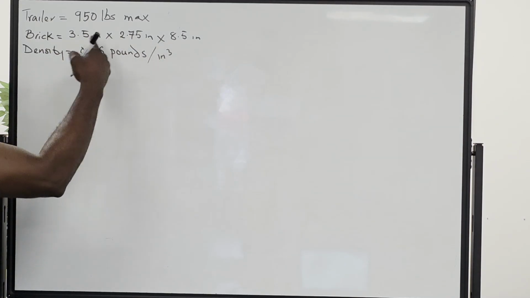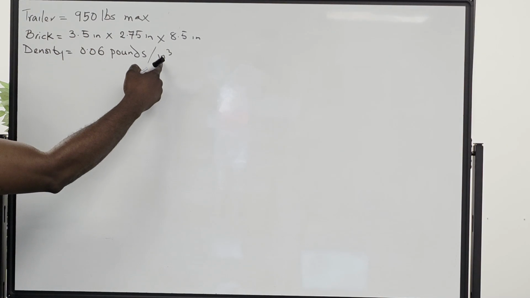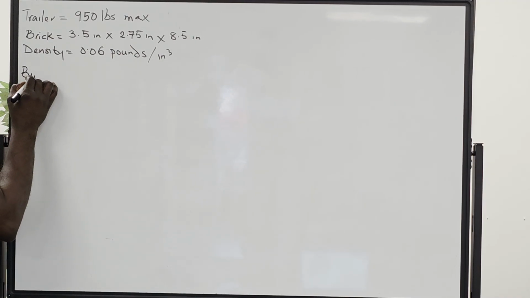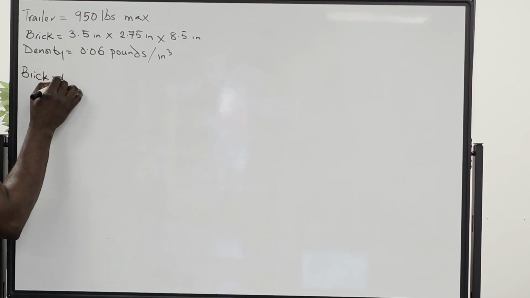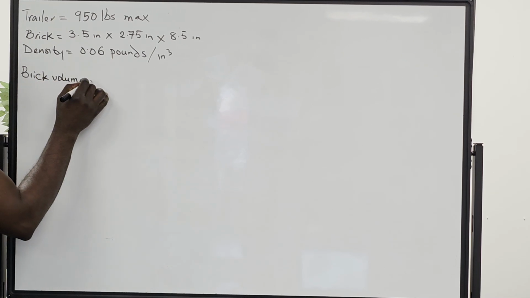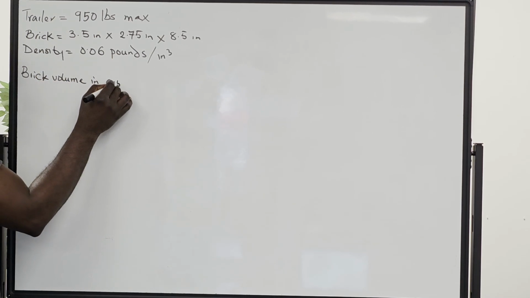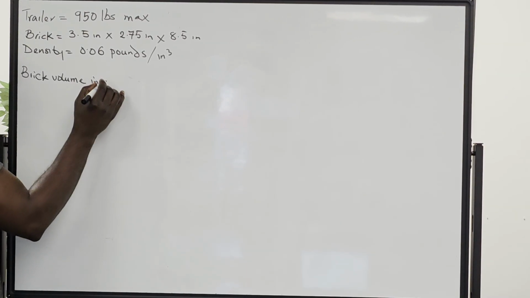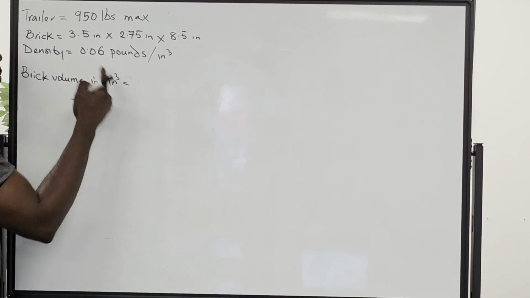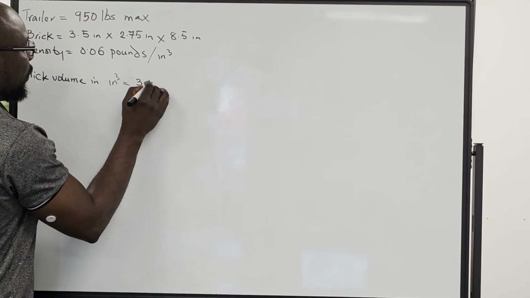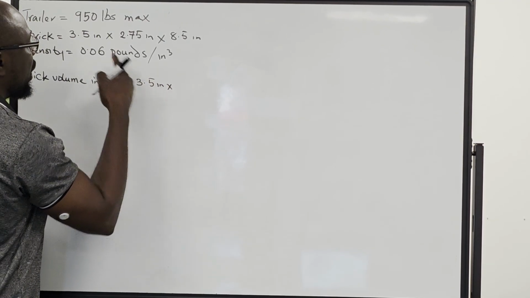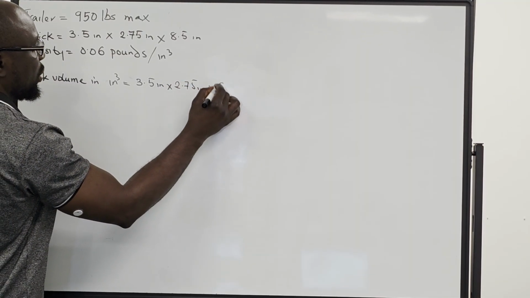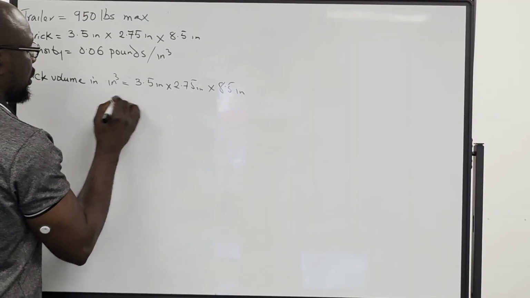First of all, let's calculate the volume of this. Because we know this is in inch-pound, let's find the volume. So the brick volume, in cubic inches, is going to be 3.5 inches times 2.75 inches times 8.5 inches.